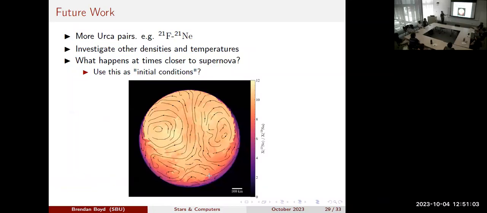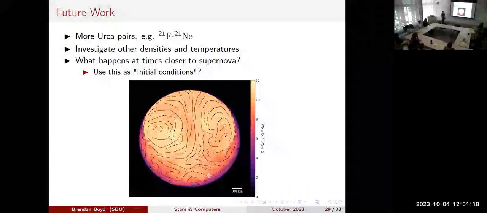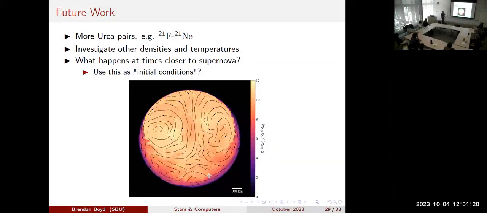I guess this is flipped, but the general flow of material is upward. And in this core region, we have lots of neon, so that's why it's the most white, brightest. The convection is pushing all of that material up.